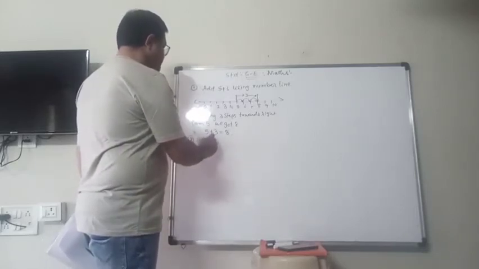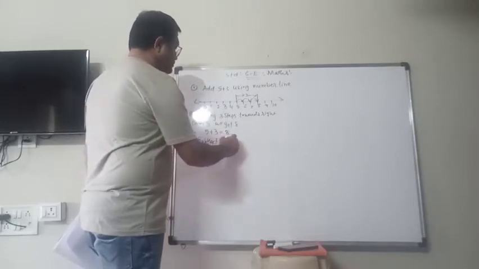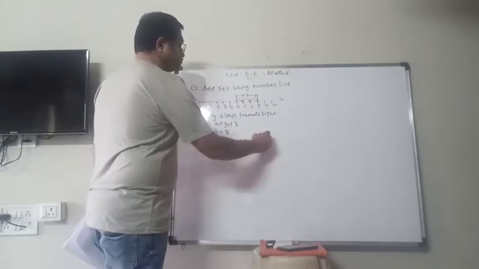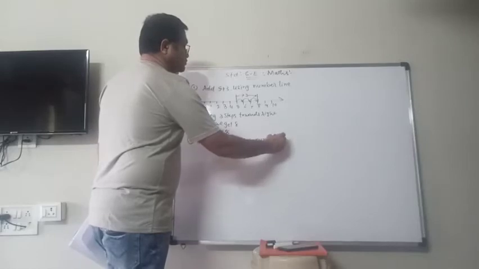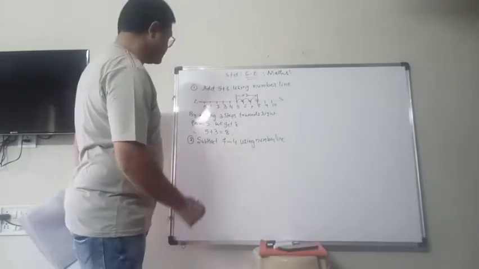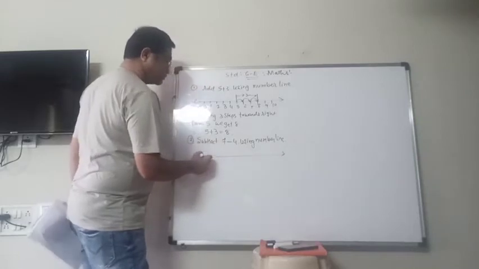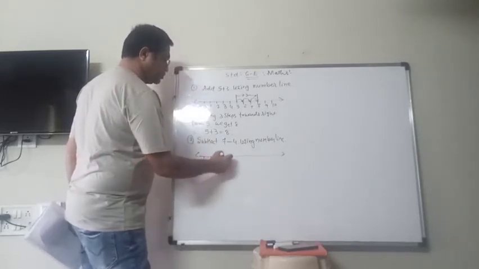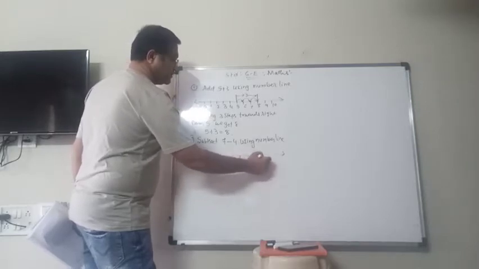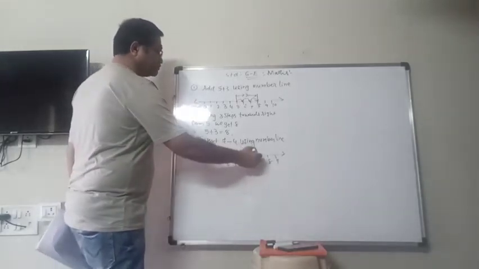Next, subtract 7 minus 4 using number line. Using number line, we have to do the subtraction. So here 0, 1, 2, 3, 4, 5, 6, 7, 8. Now we have to start from 7.